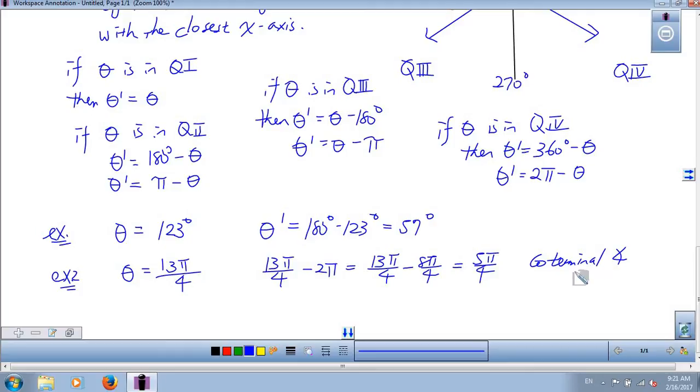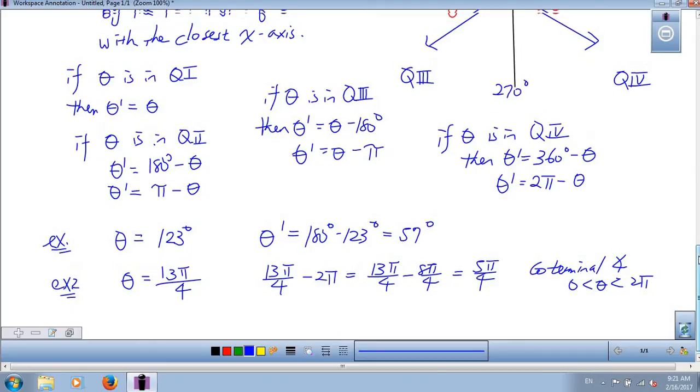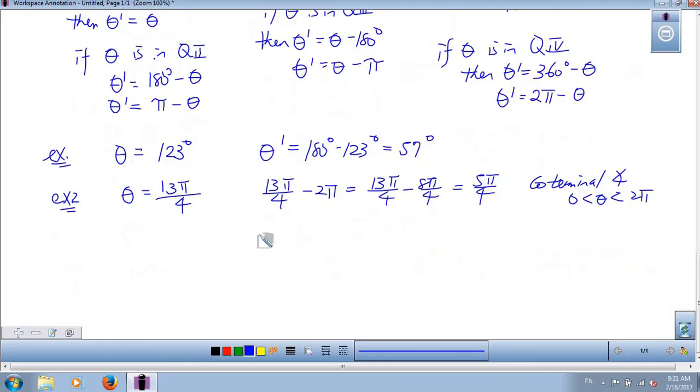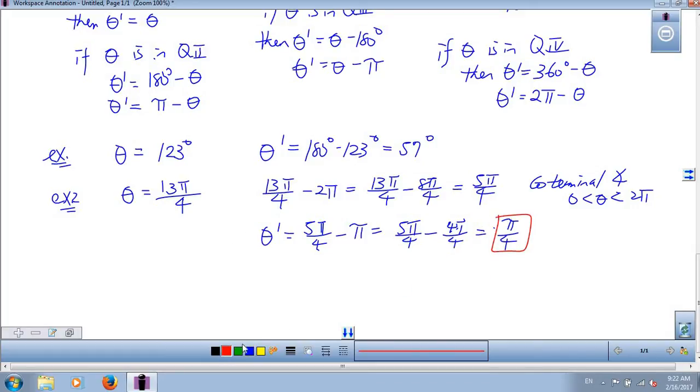This is the coterminal angle between 0 and 2 pi. Now we know which quadrant it is. 5 pi over 4 is in quadrant 3. So theta prime would be 5 pi over 4 minus pi, which is 5 pi over 4 minus 4 pi over 4, and that gives us pi over 4. So pi over 4 is the reference angle for 13 pi over 4.